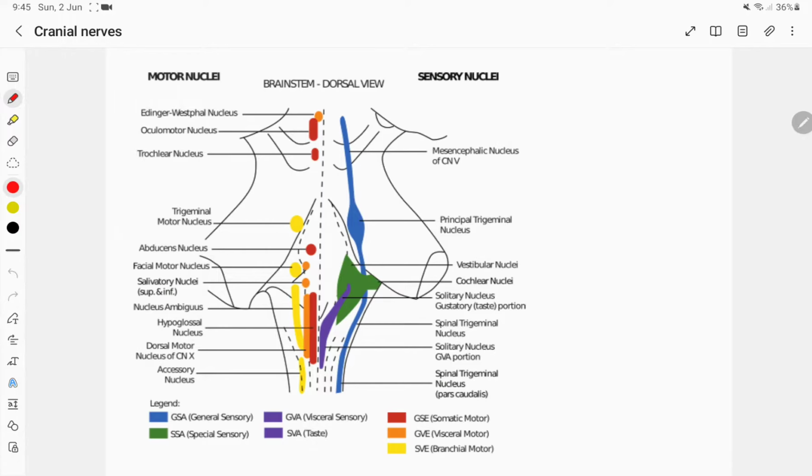When we talk about the functional classification, hope you are clear with this diagram. There are three types of motor nuclei on this side, and on this side you can see the sensory nuclei, four types of sensory nuclei.